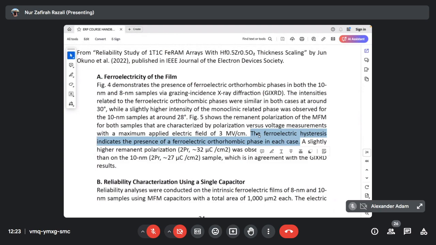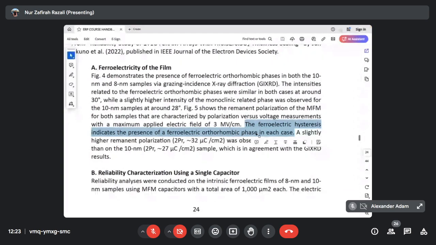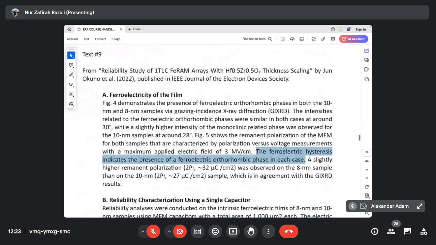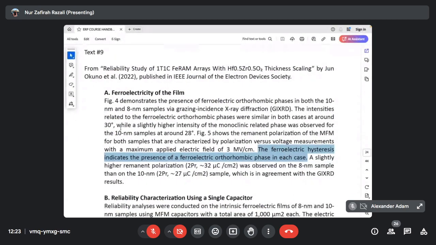Okay, what's the lexical signal? Indicates. Now this is commenting on result, realized by interpreting results. You are interpreting the data, you are interpreting the results. So you say the ferroelectric hysteresis indicates the presence of a ferroelectric orthorhombic phase in each case.